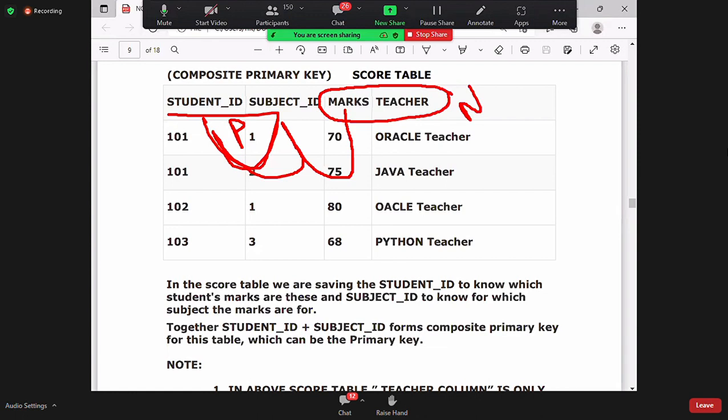So yes, student is important and subject. With the combination of both, marks will be obtained. So that means marks column is a fully dependent column or a partially dependent column? Fully dependent column, because marks column depends on student ID and subject ID.